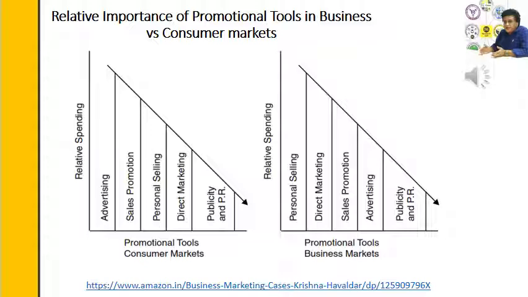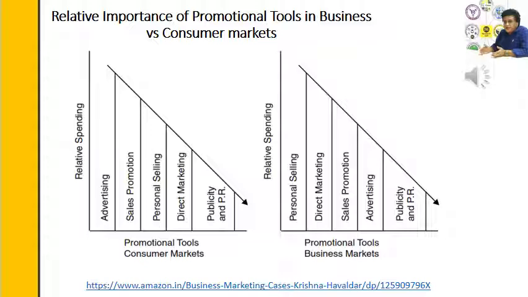So publicity and PR get the least importance in both consumer markets and business markets. Advertising is number 4 in diminishing importance in business markets, but advertising is number 1 in the consumer market. Sales promotion is number 3 in the business market, and number 2 in the consumer market.